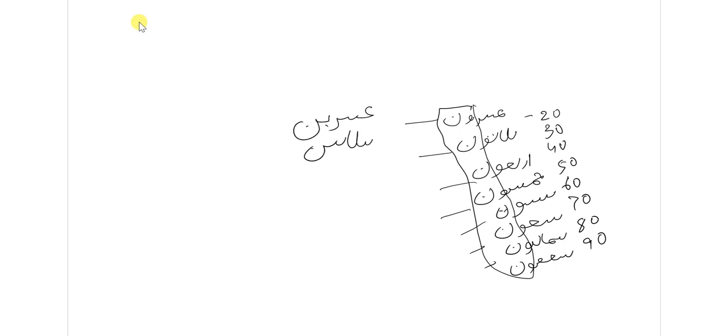In all these words we have waw noon in the end, so it's like jama muzakkar salim. In halat rafi they will be written with waw noon, and in halat nasbi and jarri they will be written with ya noon: ishreen, salasin, arba'in. Okay, understood now?